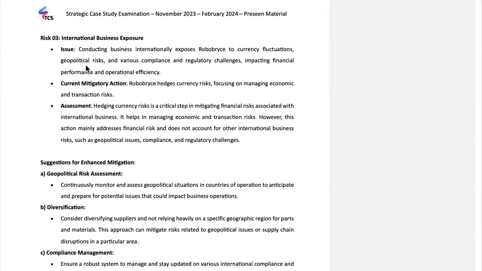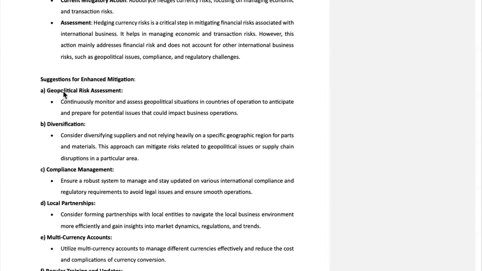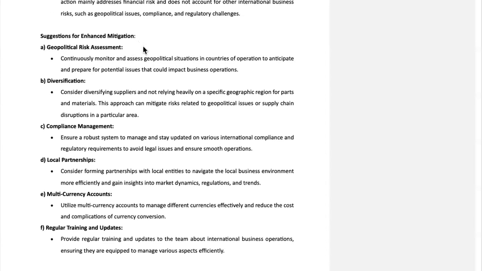However, when it comes to handling geopolitical and compliance and regulatory challenges, there's no indication about the type of action the company has taken. So that's a shortcoming when it comes to managing the risks within the company. So what you need to suggest to enhance the mitigation in this area is to carry out a geopolitical risk assessment, especially when dealing with operations within Darland.